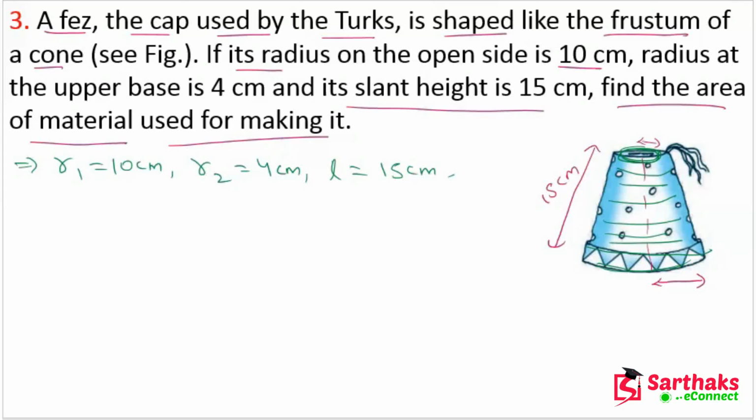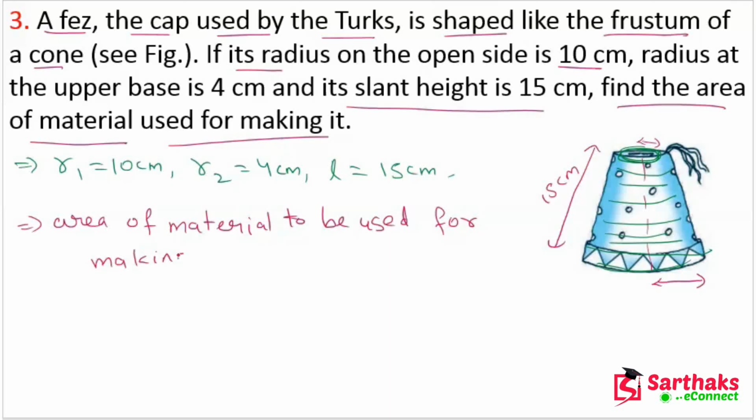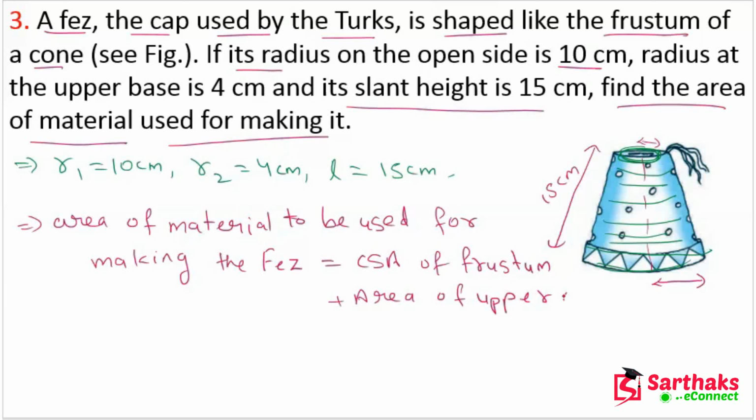So now the area of the material to be used for making the fez is equal to CSA of frustum plus area of upper circular end.